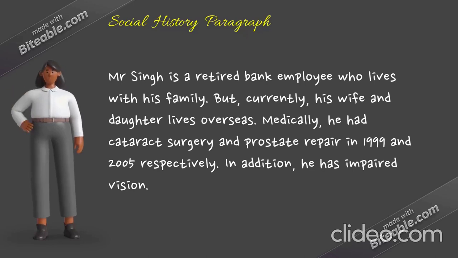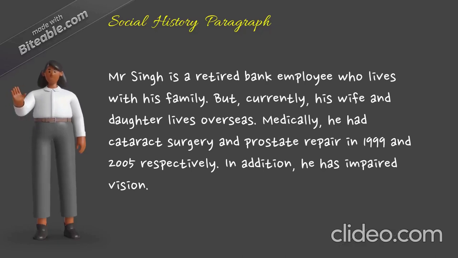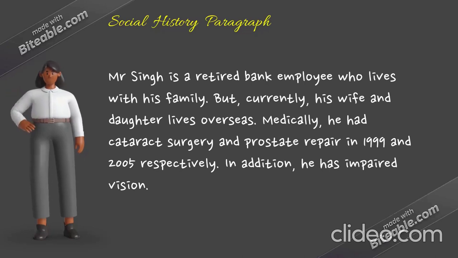He had cataract surgery. And one more technique is there. If you have two things and the two things are similar and you have relevant data for both, you can write with "respectively". It is a good presentation. The way of presentation is good if you are using "respectively". But you have to see, here you can see cataract surgery was done and prostate repair was done, and the years are given, 1999 and 2005.